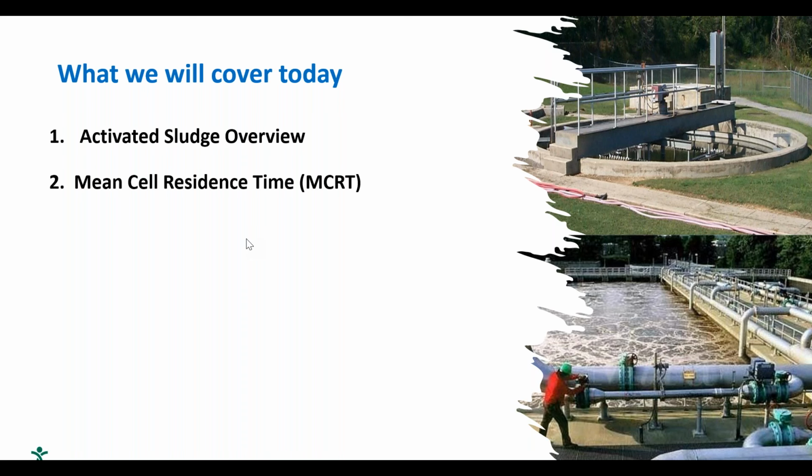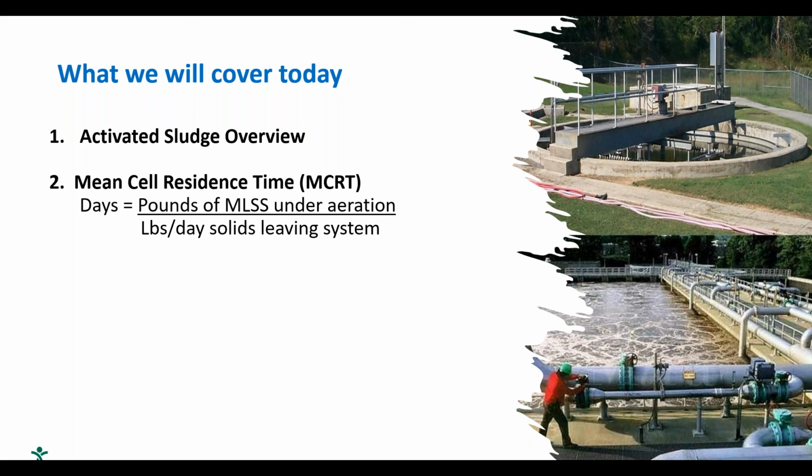And then we're going to go into the 2 equations that we're going to focus on today. The mean cell residence time formula, which gives us a result in days. We're looking at the pounds of mixed liquor suspended solids under aeration divided by the pounds per day of solids that are leaving the system.